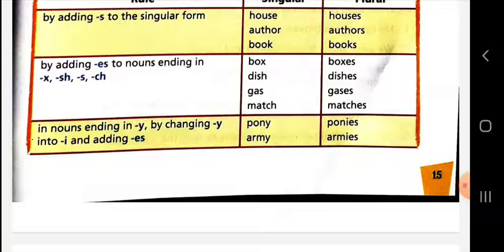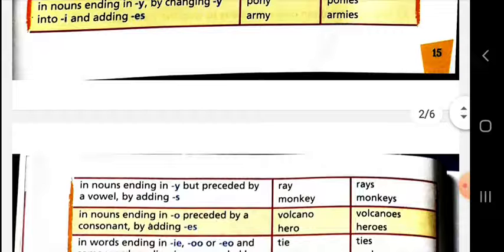For nouns ending in y, change y into i and add es. Dear students, if any singular noun is given and the last letter is y and before y there is a consonant, then you need to replace y with ies. Like pony, ponies; army, armies.